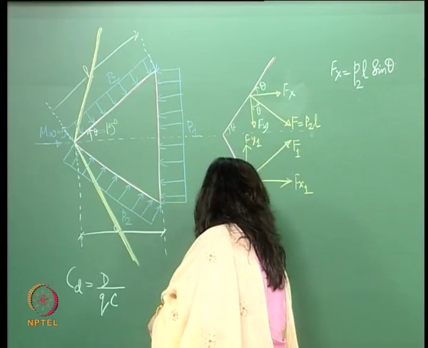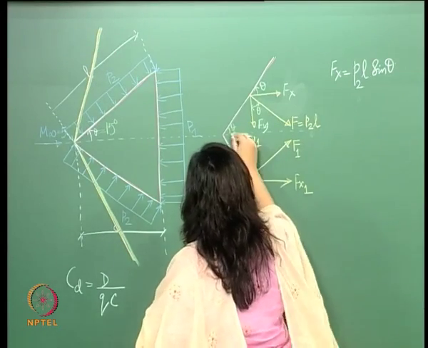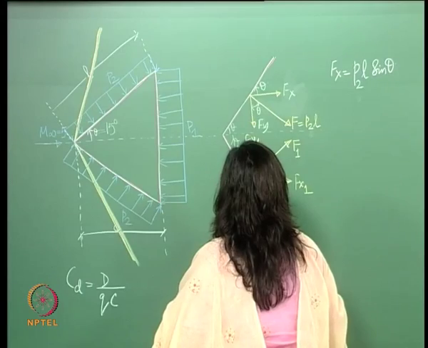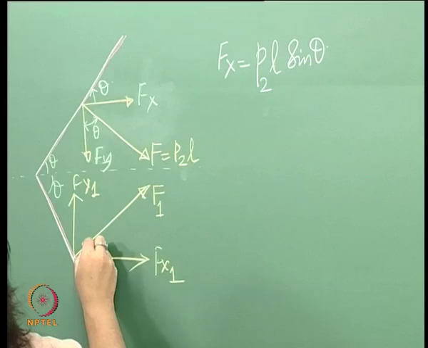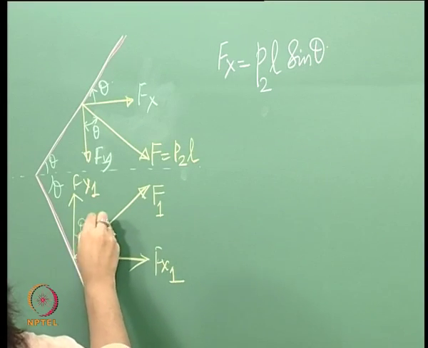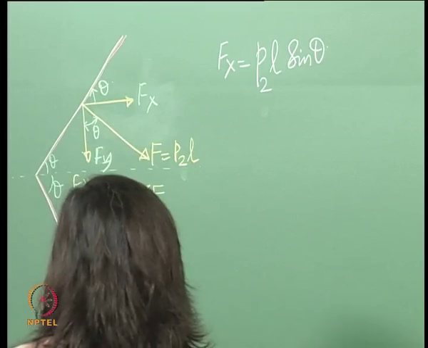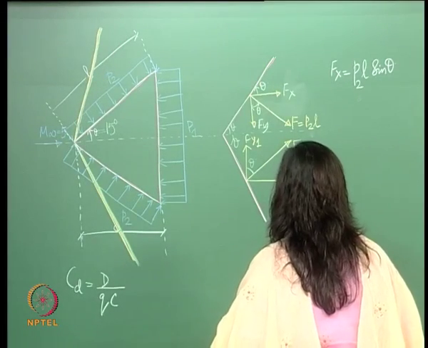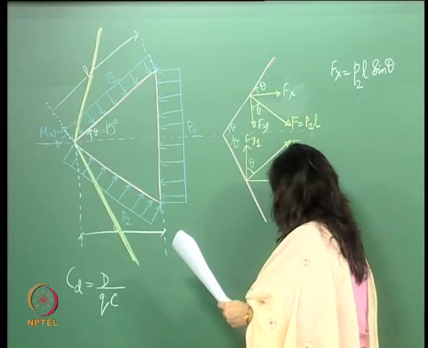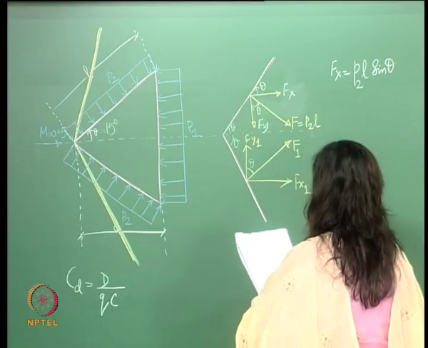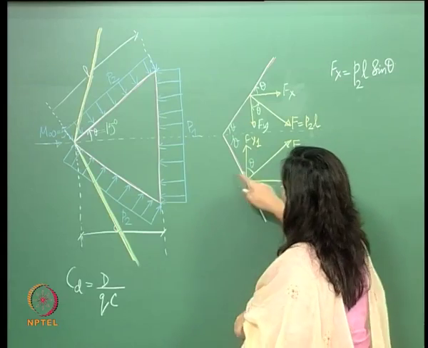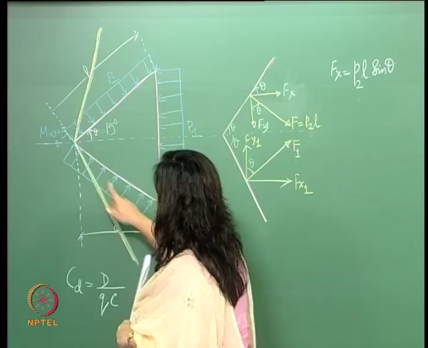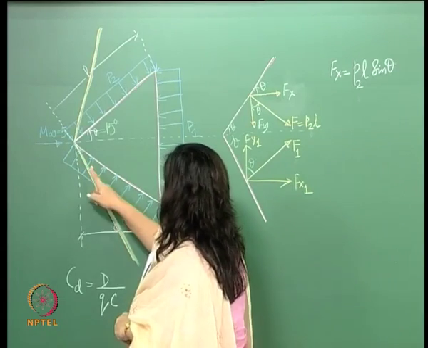So therefore, here again, this is my theta, okay? This is my theta, and this is my theta. Is that right? Yeah, I think that's correct. Okay. So if this is true again, this F1, if you look at this, this distance is L, right? This total distance is L, and this is P2.